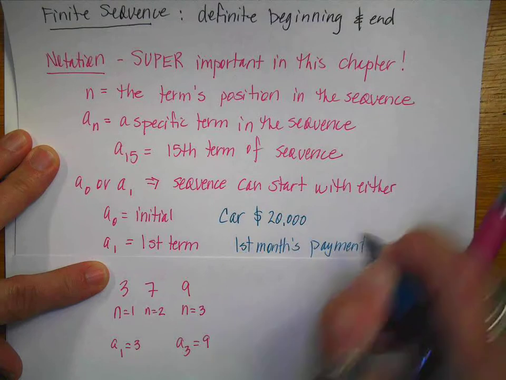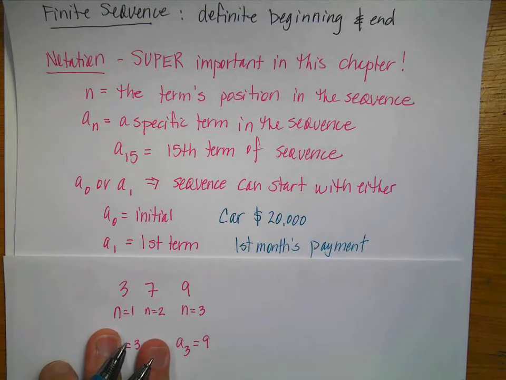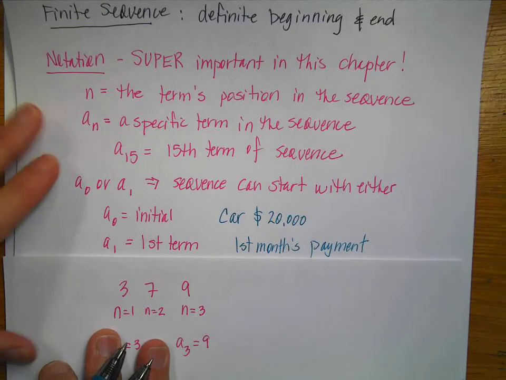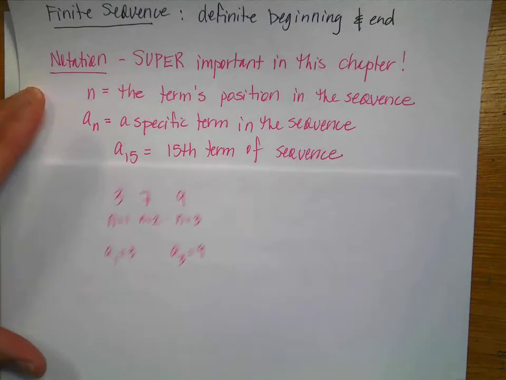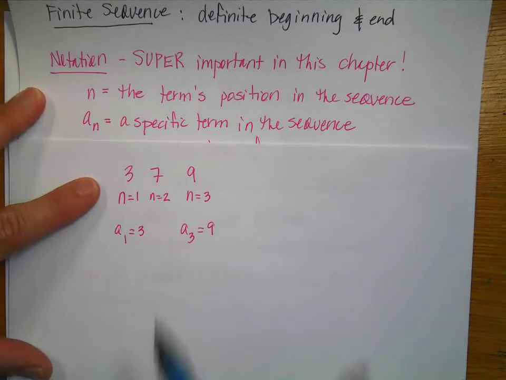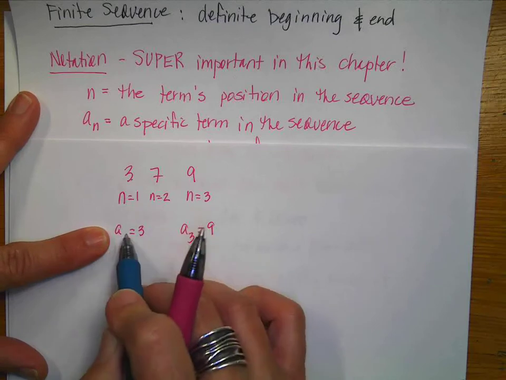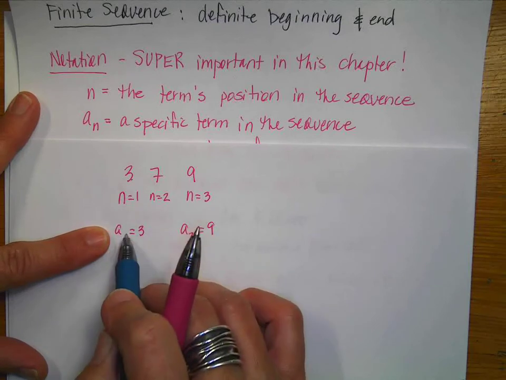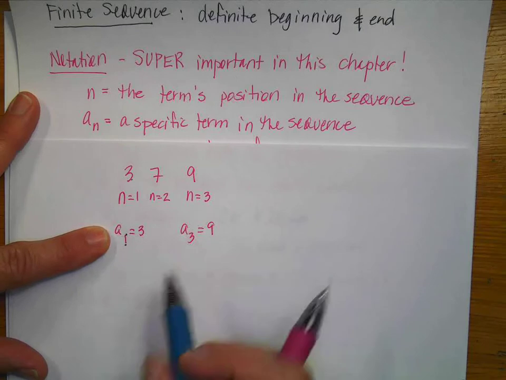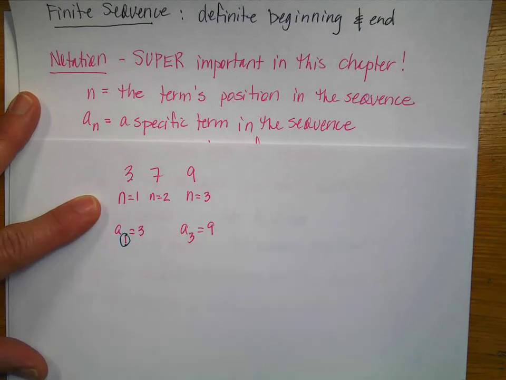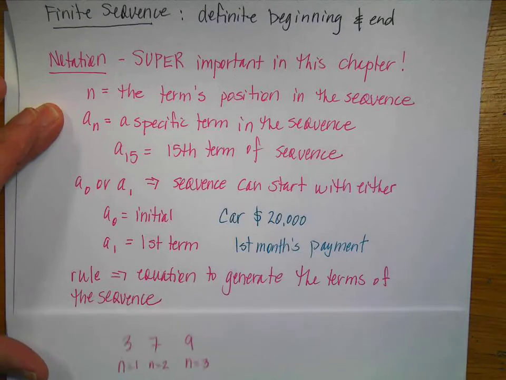That's an example of the difference between a sub 0 and a sub 1. In the sequence I had here, I started with a sub 1, so there was no initial term. Oftentimes the problem will tell you whether you're starting with a sub 1 or a sub 0.